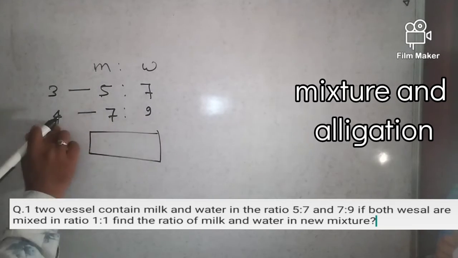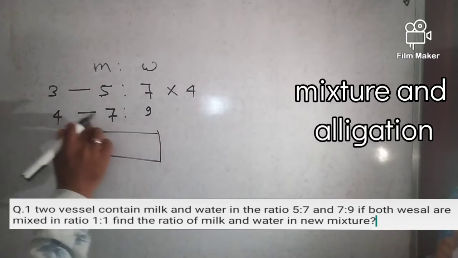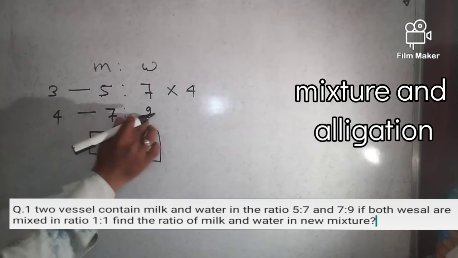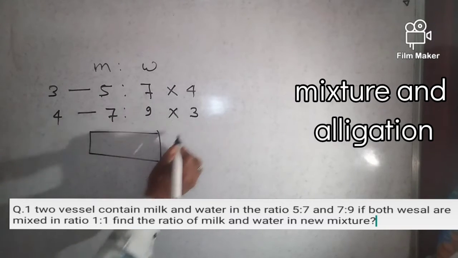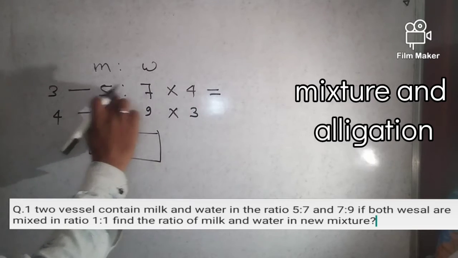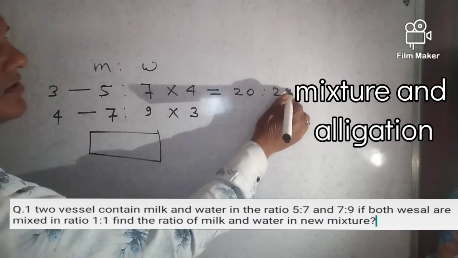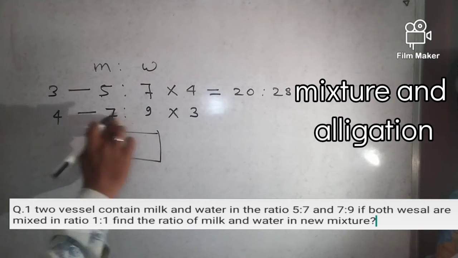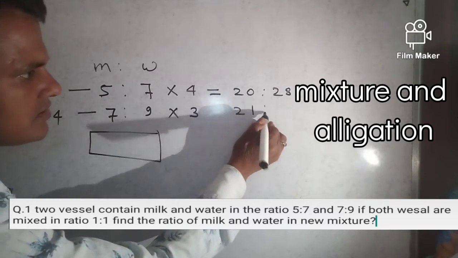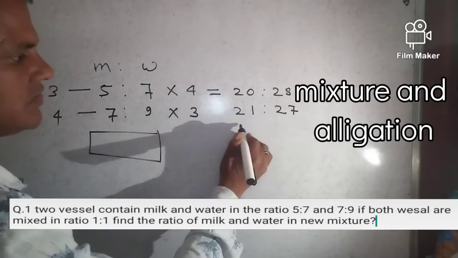So multiply 5:7 by 4 and 7:9 by 3. The new ratio will be 5 times 4 is 20 and 7 times 4 is 28, 7 times 3 is 21, and 9 times 3 is 27.